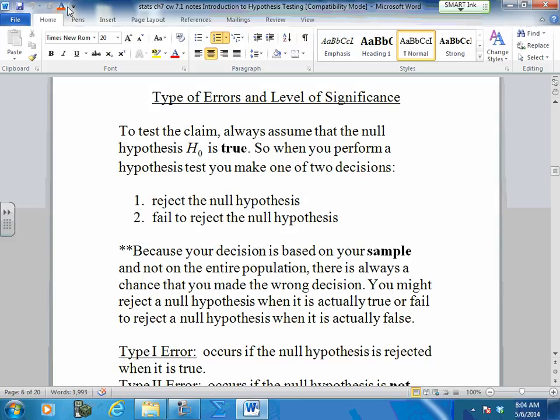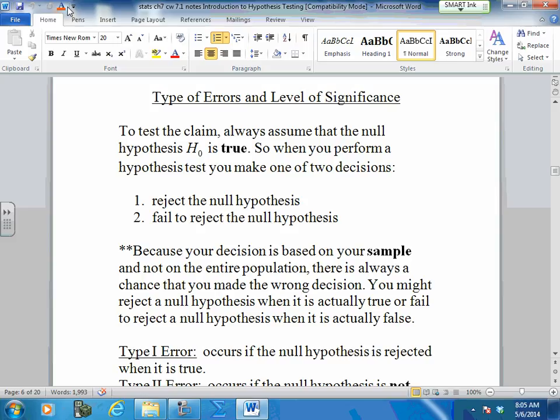I gave you a little table to help figure out what this is. Now, this is important, guys, because your decision is based on your sample and not the entire population, there is always a chance that you made your decision based on a sample that wasn't really a true representation of your population.